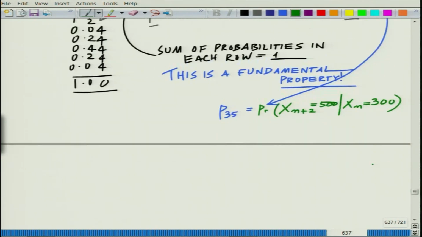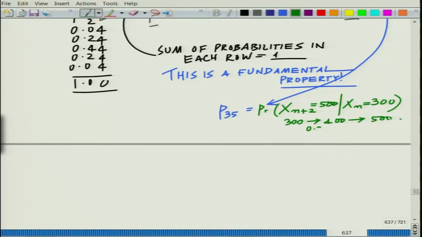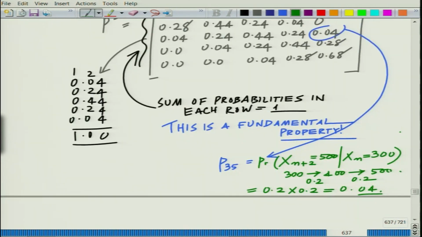The way this can occur is if it goes from 300 to 400 and from 400 to 500. This is the only possible transition, because from 300 it cannot directly go to 500 and no other transition is possible. And for 300 to 400, remember, each of these probabilities is 0.2. So, this probability by independence is again 0.2 times 0.2 equals 0.04, and that is how you get this entry. This is essentially your 0.04, and similarly that can explain also all the other entries.